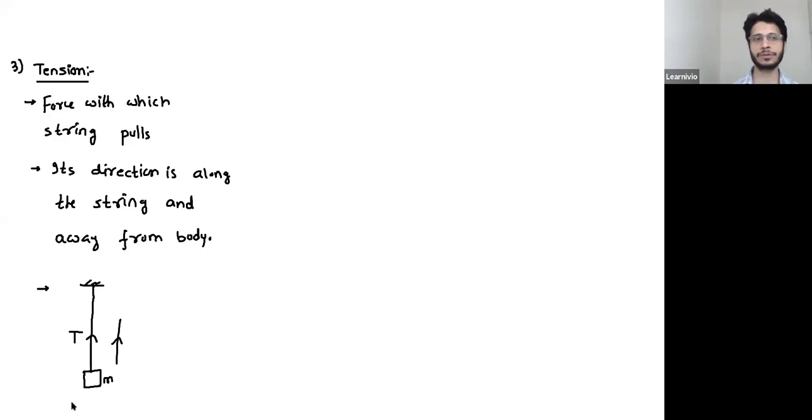If instead of this string I take another body of mass m, and I connect this body through a string and pull this string in the right hand side direction, again this string will exert a force over the mass, tension, which is acting in the rightwards direction.